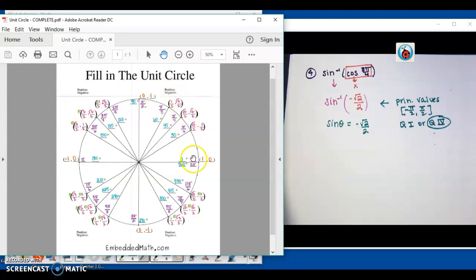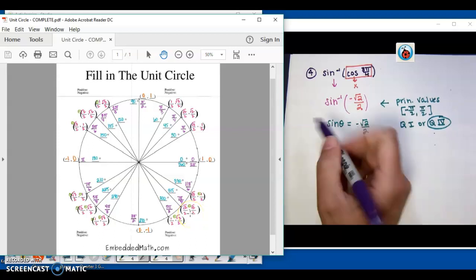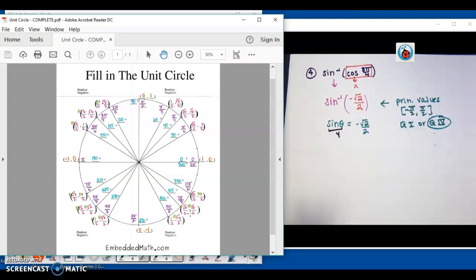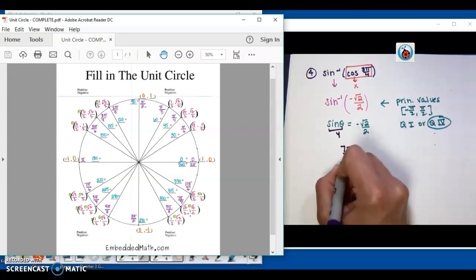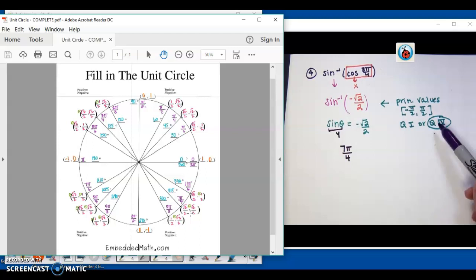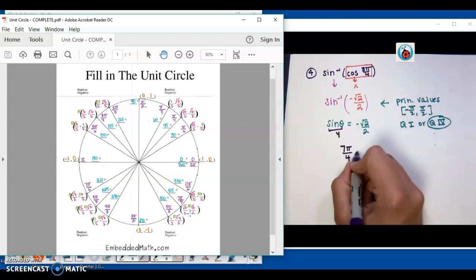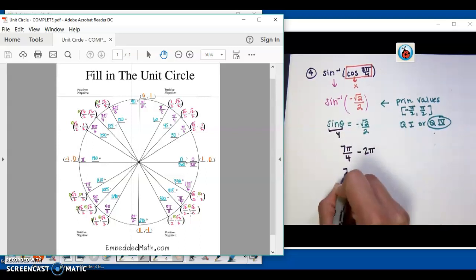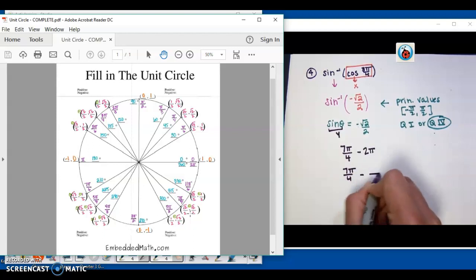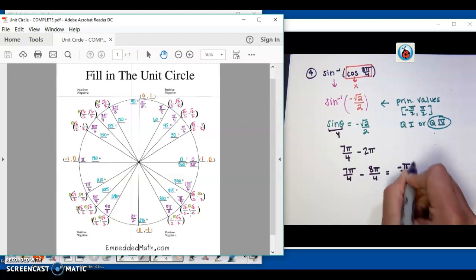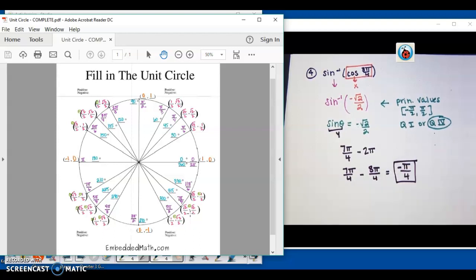So if you look here for quadrant 1 or quadrant 4, at quadrant 4 at 7 pi over 4, that's when we have our y value, the sine is y, equal to negative square root of 2 over 2. But that was in quadrant 4, which is too big, so we need to subtract 2 pi, get our common denominators, and we end up with a final answer of negative pi over 4.